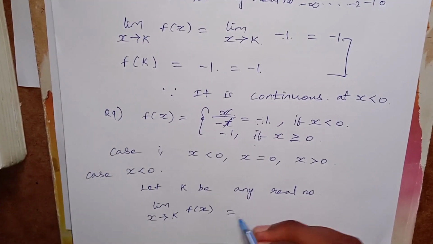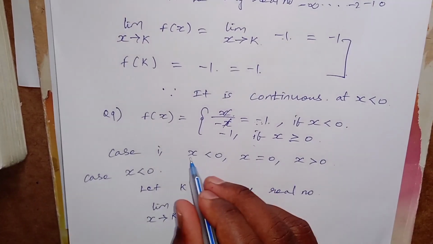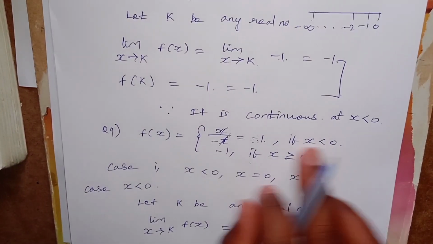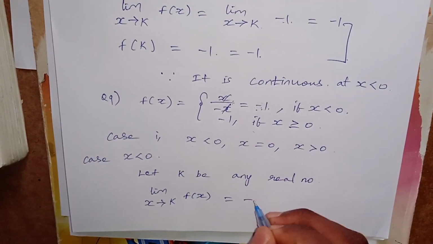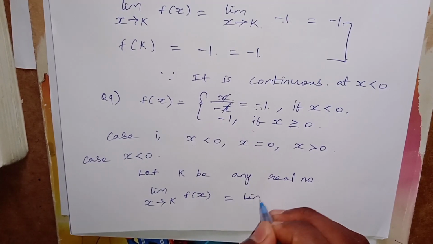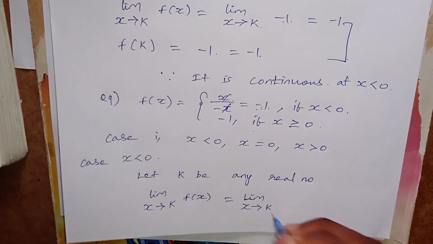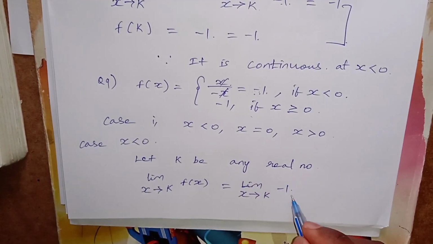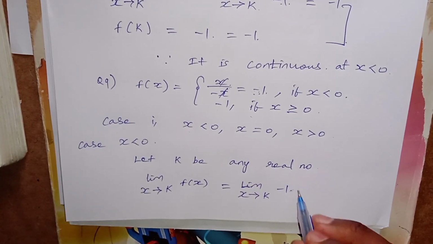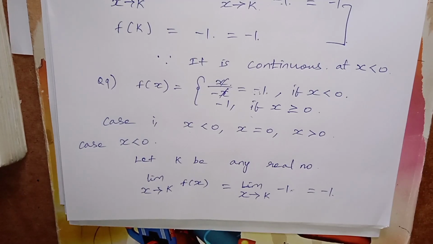Here you have to take less than 0, and for less than 0 my function is minus 1. Therefore the limit as x tends to k is minus 1, because no x is present, so minus 1 is my answer.